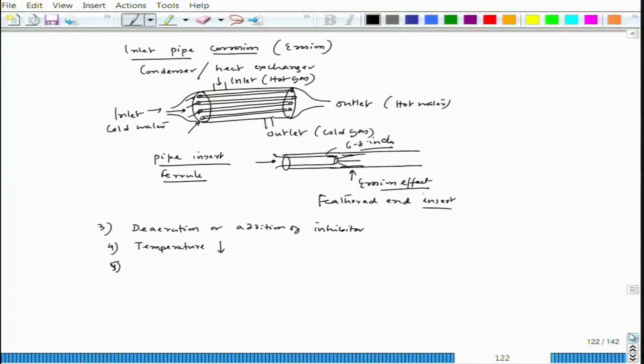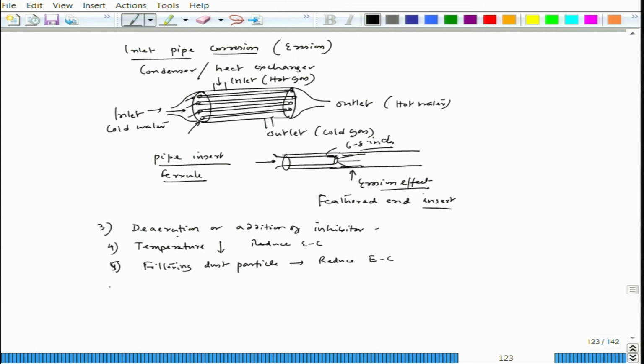So, cleaning or filtering dust particles can reduce erosion corrosion. Okay. So, dust particles, so it will reduce erosion corrosion, temperature reduces erosion corrosion. Also addition of inhibitor or deaeration can, but deaeration is not a very convenient process.